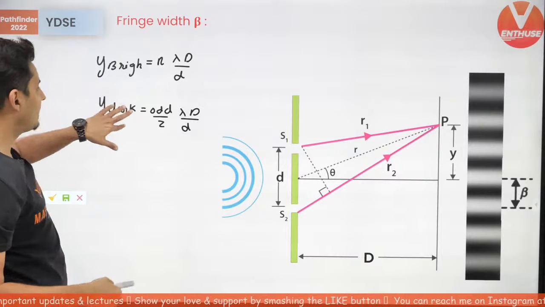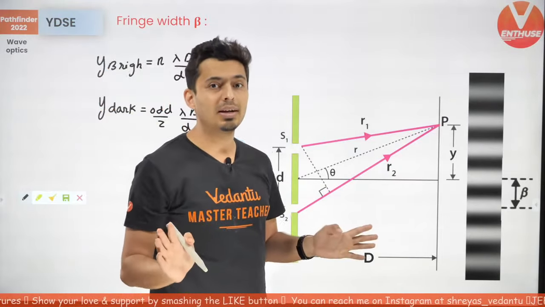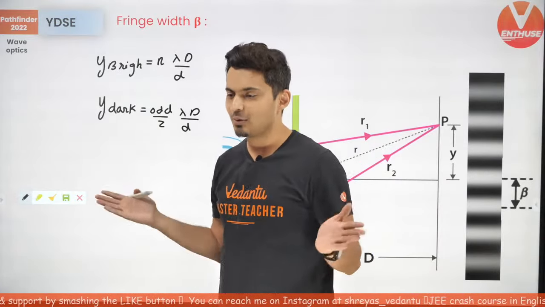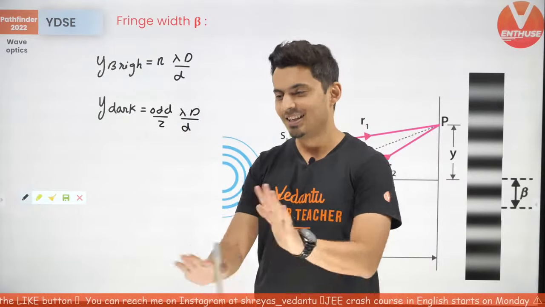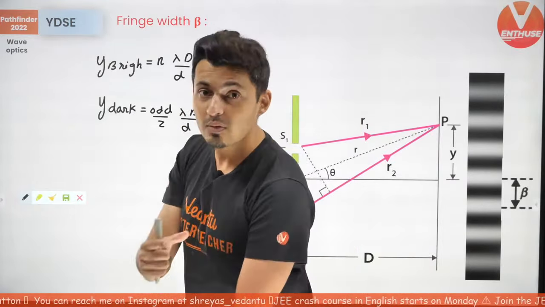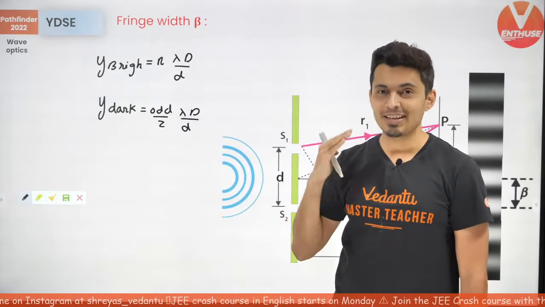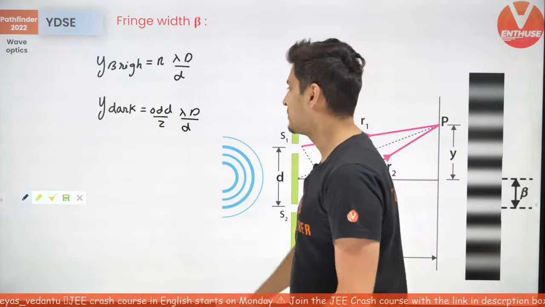Even if you calculate by subtracting the dark fringes, you will still get the same answer. You can try it out at home. Even if you subtract two dark fringes, you are still going to get lambda D by d. That proves that the bright and dark fringes are equally spaced between each other.